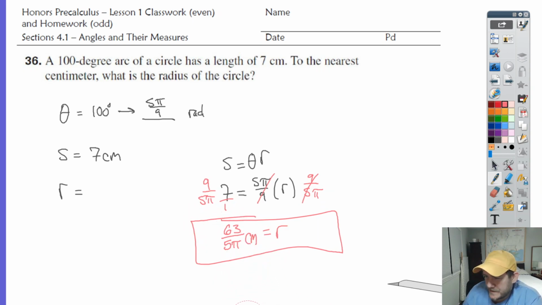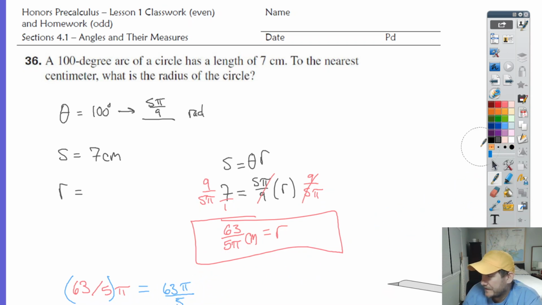The one thing that's slightly worth saying is if you were going to type this into your calculator, if you wanted to figure out what 63 divided by 5 pi was, well, on a TI calculator, if you type in 63 divided by 5 pi, then your calculator does work as it comes to it. So it's going to do 63 divided by 5 first, and then multiply by pi. So that actually ends up giving you the answer to 63 pi over 5, which is not really what you want.